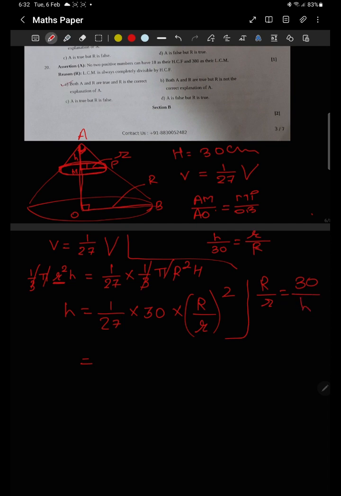If I substitute that, what will I get? 27 into 30 by h into 30 by h.